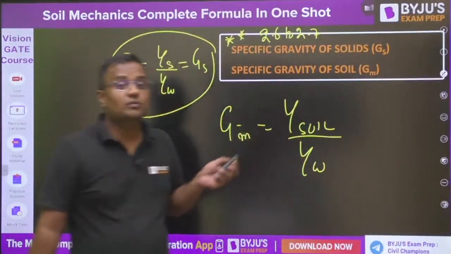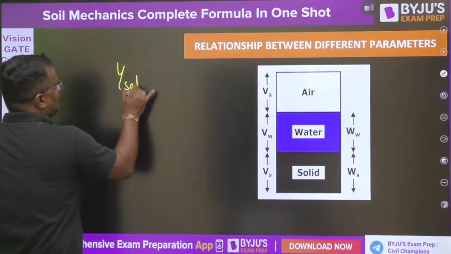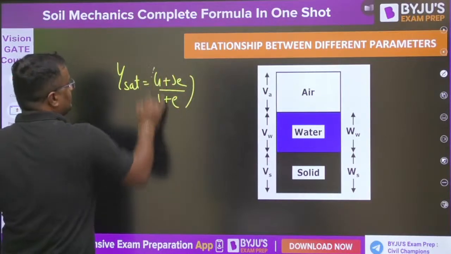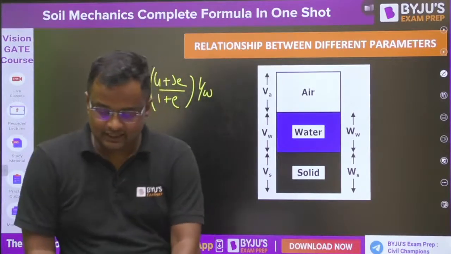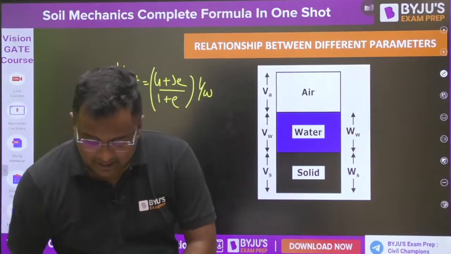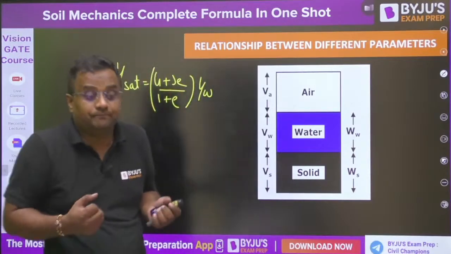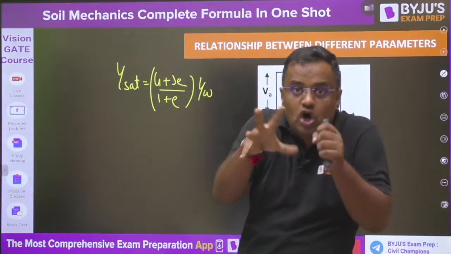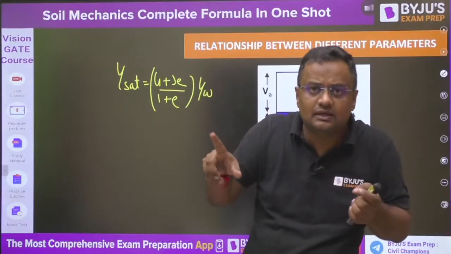Guys, all these formulas, what is gamma sat? Gamma sat is equal to G plus Se upon 1 plus e into gamma w. Correct, friends? Now, if the voids are not saturated with water, but with some other liquid, jam, sauce, heavier or lighter, the density will not be the same.